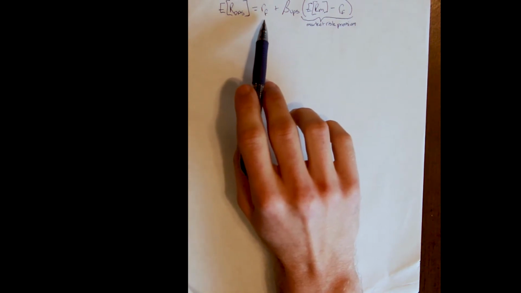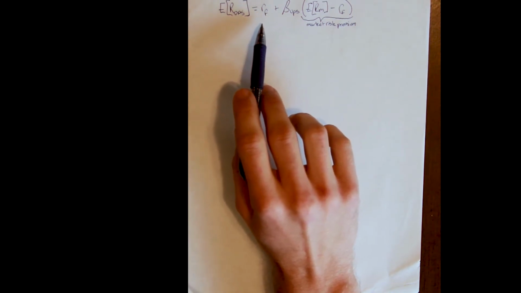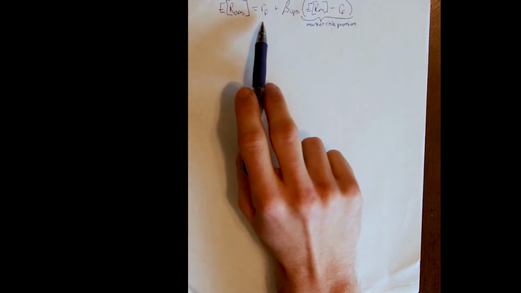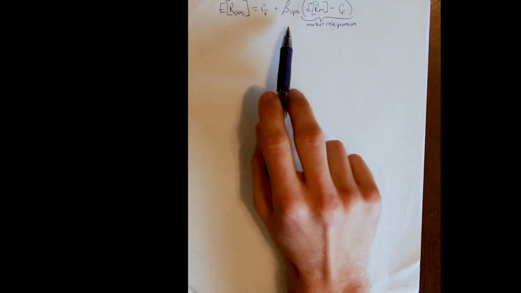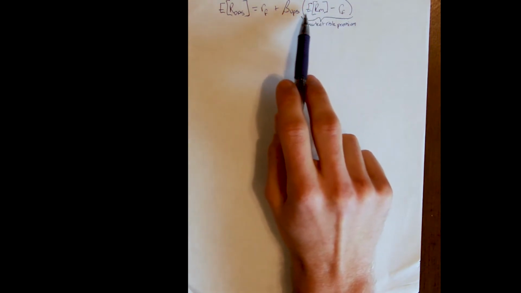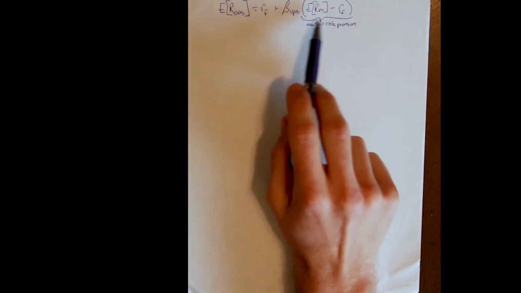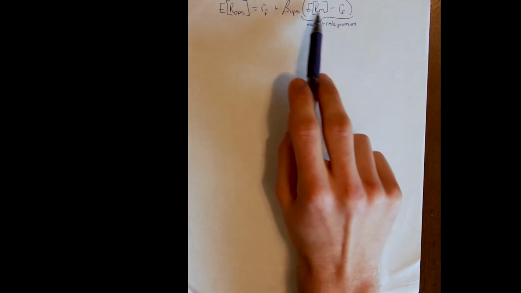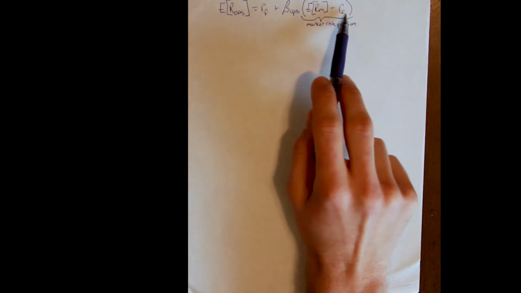The risk-free rate only exists because I should get some compensation, some return for parting with my money for however long that investment lasts. And then this describes the excess risk faced by the market, the average risk in the market minus the risk-free rate. So this is the market risk premium. This is the return given to the average asset in the market above what the risk-free rate is.